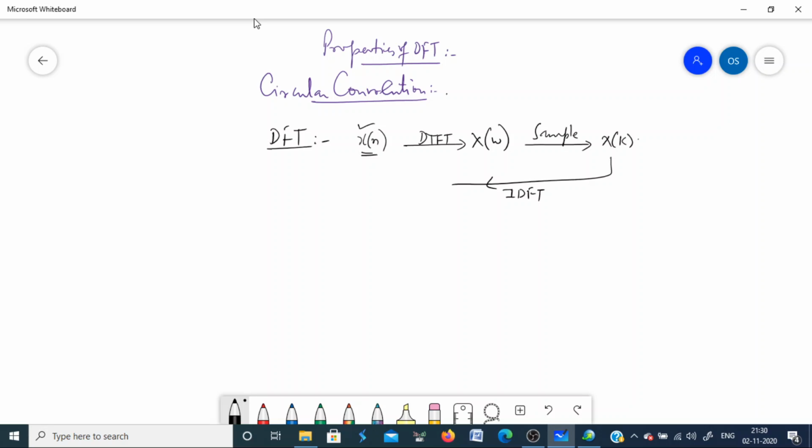Moreover, we have developed a relation in which you can directly obtain X(omega) from X[k], that is, samples of the spectrum.